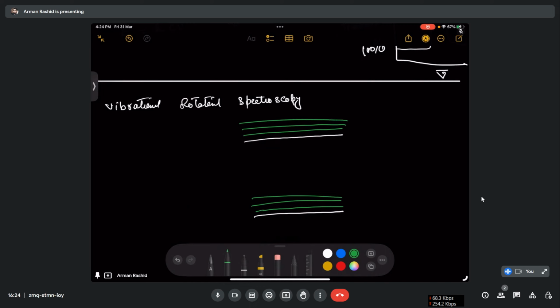These are the rotational states and these are the vibrational states. I'll write v equal to 0, this is v equal to 1.